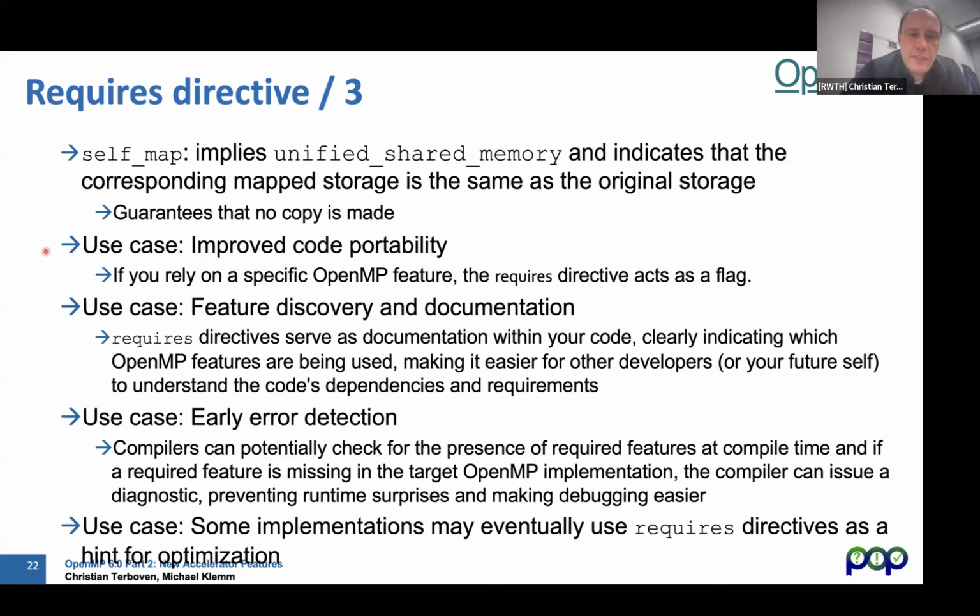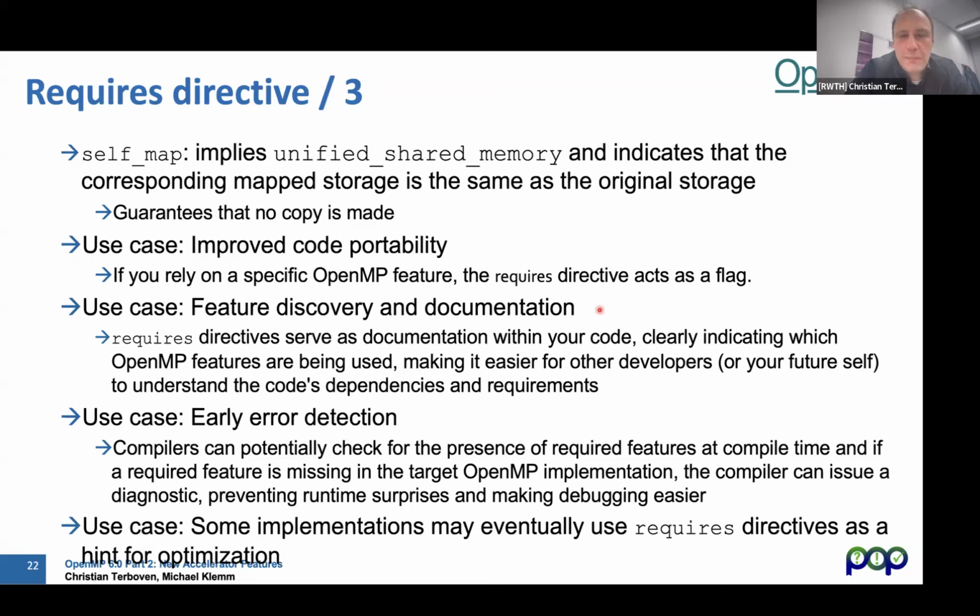If you specifically rely on a certain OpenMP feature to be present and supported, this is kind of a flag to the implementation, to some extent at compile time, to some extent at runtime, to ensure that your program behaves as expected. But it's also useful to actually discover during compile time if a certain feature is present, and also to document the assumptions of your code.